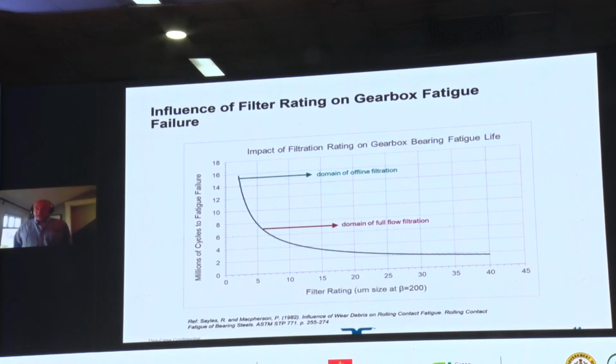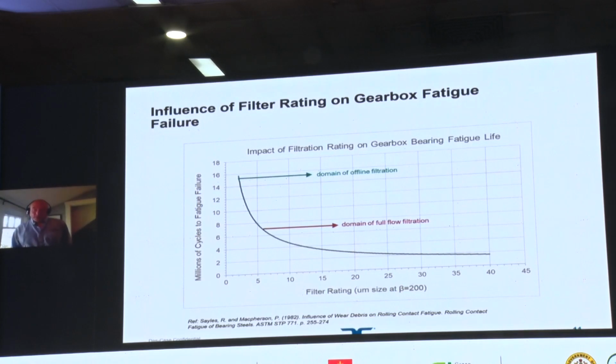And if we look at that in terms of the number of cycles to fatigue failure, you can see that as we get to lower and lower micron ratings on our filtration, so the domain of full flow filtration with a wind turbine gearbox, again, as I said before, is typically 5 or 10 microns or greater. That's typically going to give you about 7 million cycles of fatigue life.